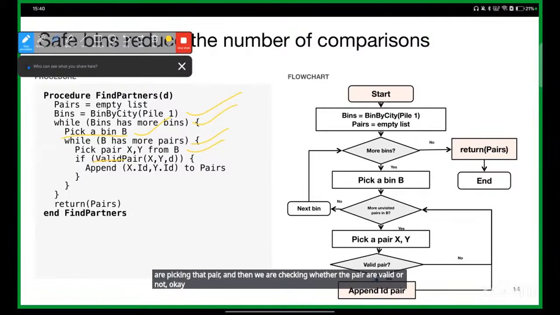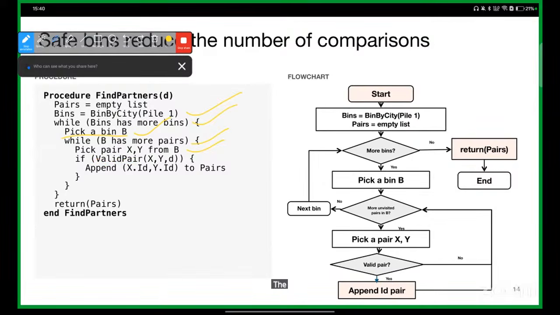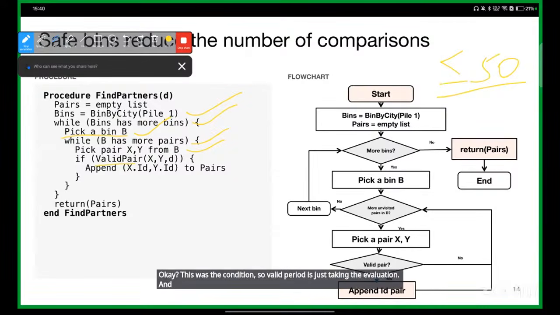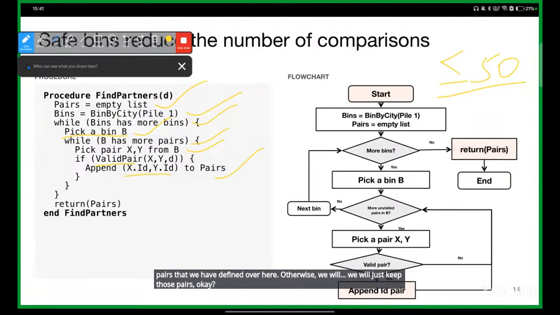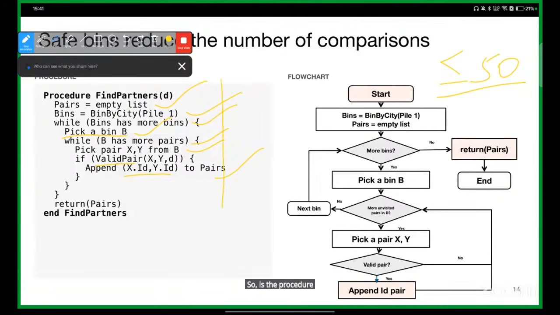The condition for pairing was that the difference of their marks should be at most 50. So valid pair is just checking that condition. If this condition is satisfied, we append the IDs of those two students to pairs that we defined over here. Otherwise, we skip those pairs. So is the procedure clear? What we are trying to do in each line?